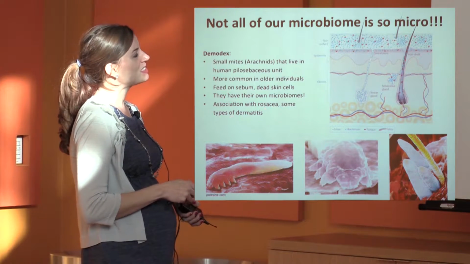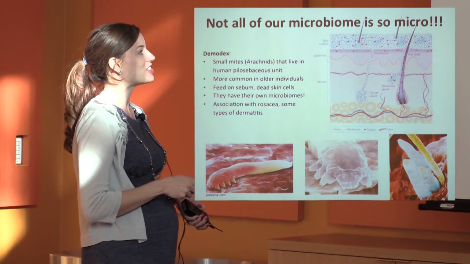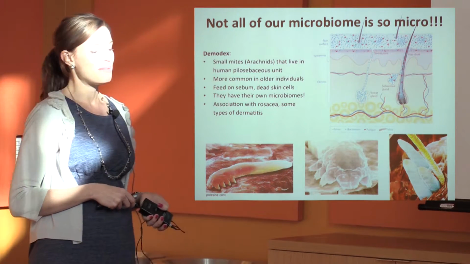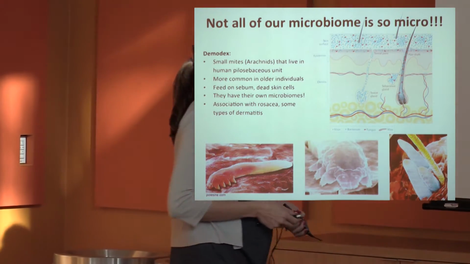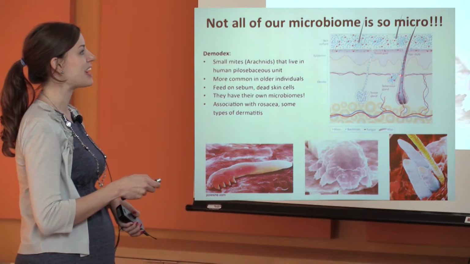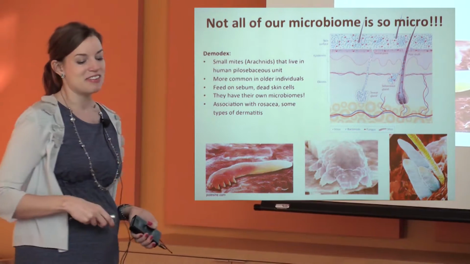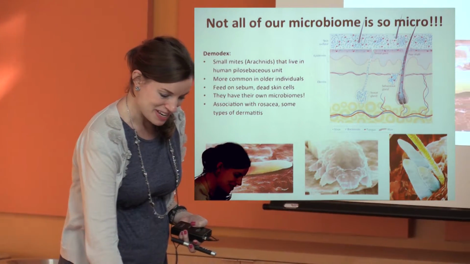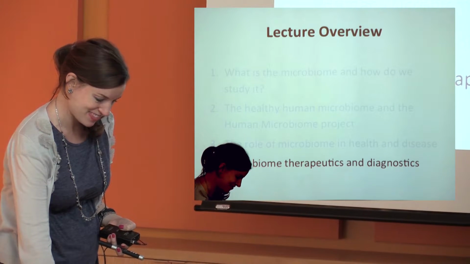And there's been some association with their gut microbiota and rosacea and other types of dermatitis, that seemingly they may be colonized with bacteria that inflame these sebaceous glands and hair follicles. I like to think of them as exfoliating factors, but they may make you feel creepy or crawly.